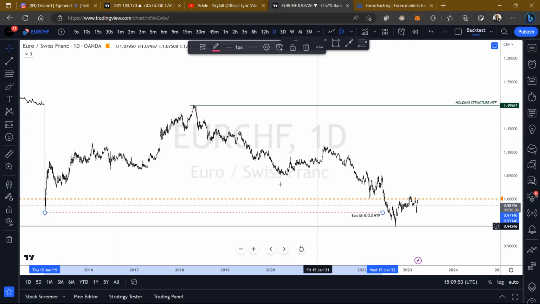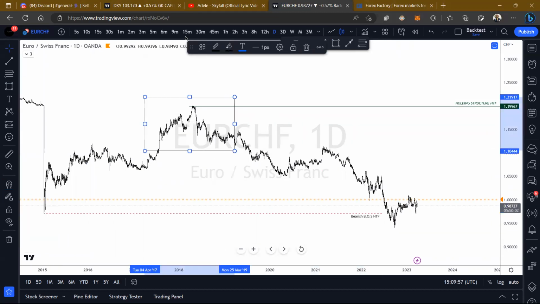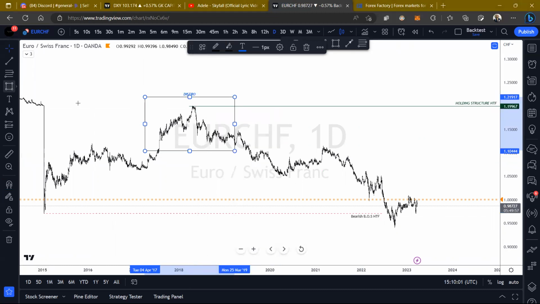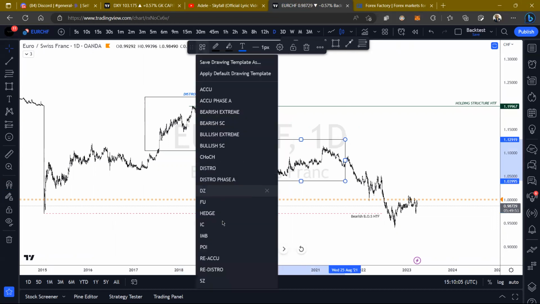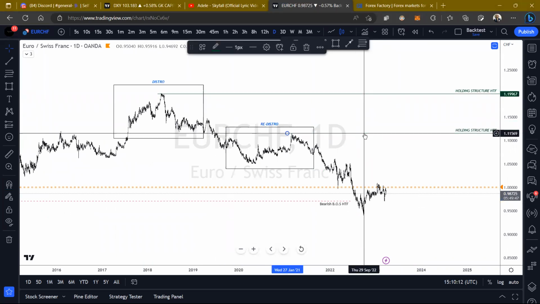Cool. We know this to be our distro, and we know this is our redistro. This for me is what's holding my intraday.